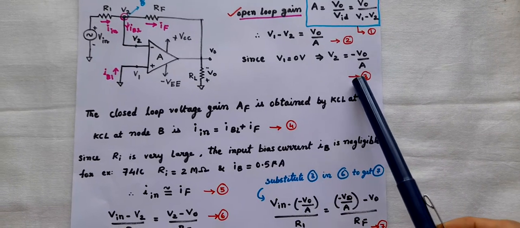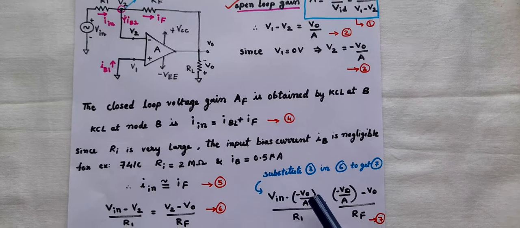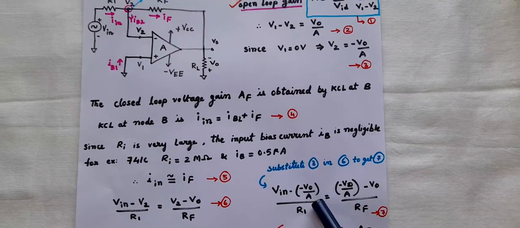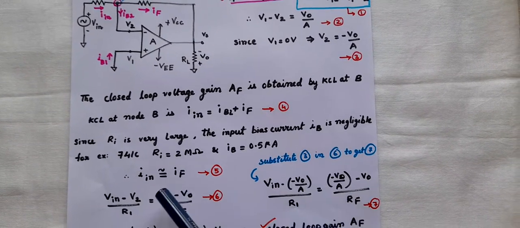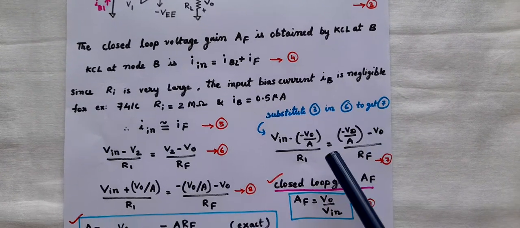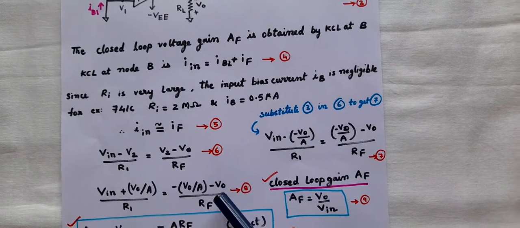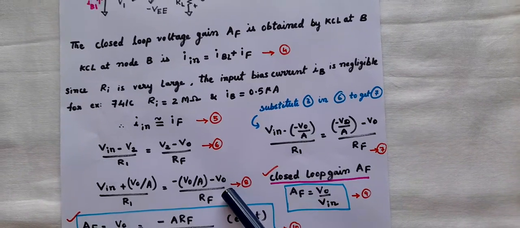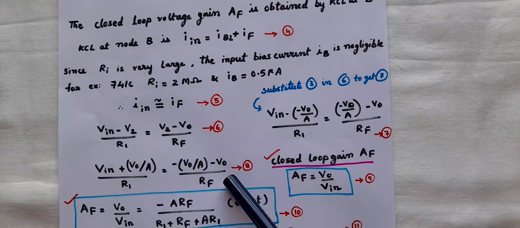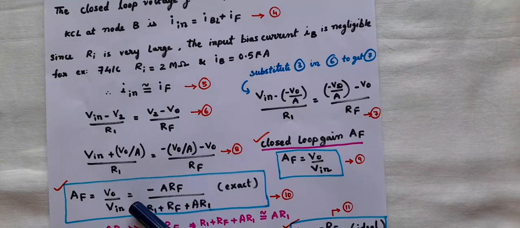Substituting equation 3 into equation 6, we get equation 7. So I have substituted V2 as minus V0 by A. On rearranging the terms, I get this equation, and I have written it in the form of AF.